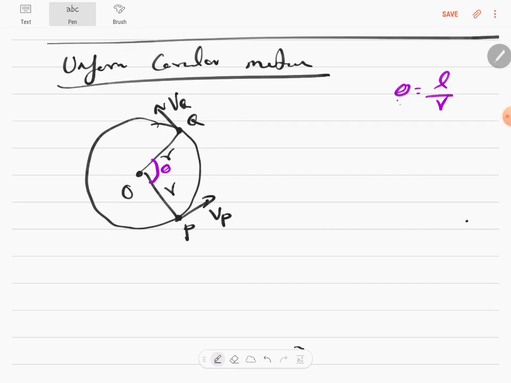Let's take the arc length to be some displacement delta S, and the angle to be delta theta.